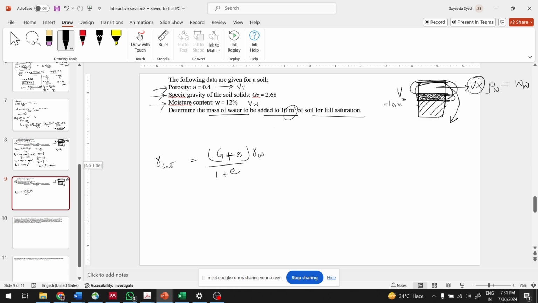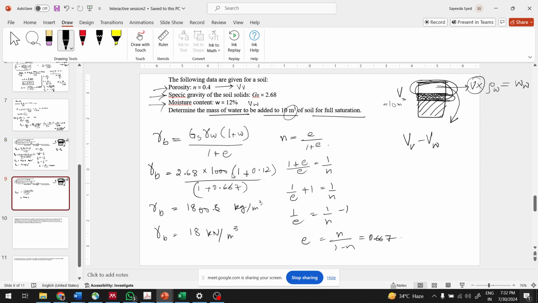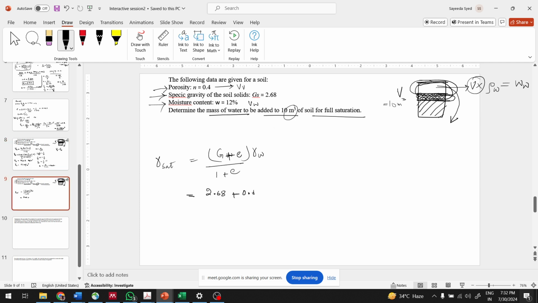So let's calculate gamma saturated. 2.68 plus 0.67, over 1 plus 0.67, into 1000.